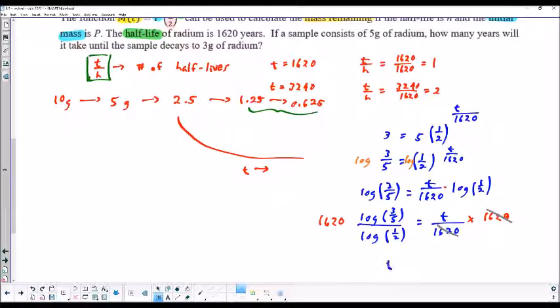So your time is 1,620 multiplied by the logarithm of 3/5 divided by the logarithm of a half. And that's how long it's going to take an initial sample of 5 grams to decay to a final amount of 3 grams. Okay, and that is how that is done.